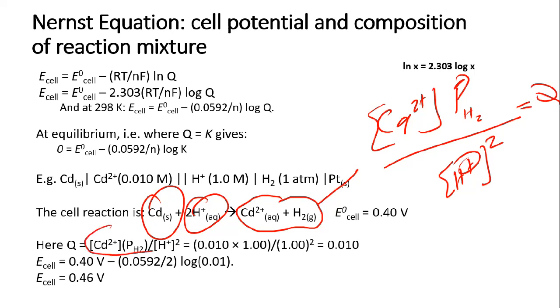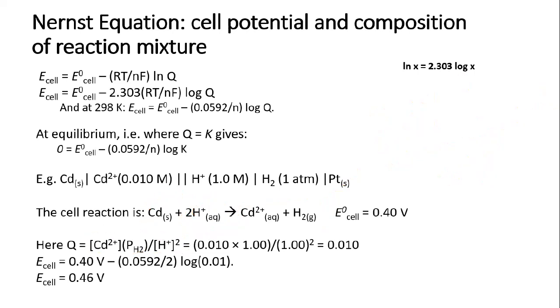If you study what is here, you put the values in, and you get a Q of 0.010. That's Q. Now you can just substitute that into the Nernst equation. We put the standard cell potential here, and we have this part which is from the Nernst equation.